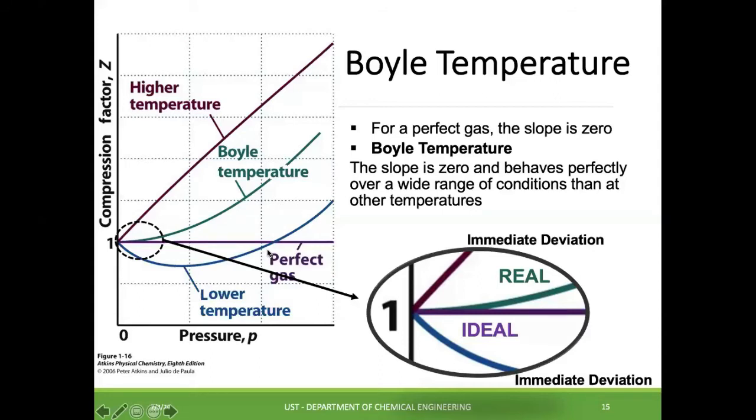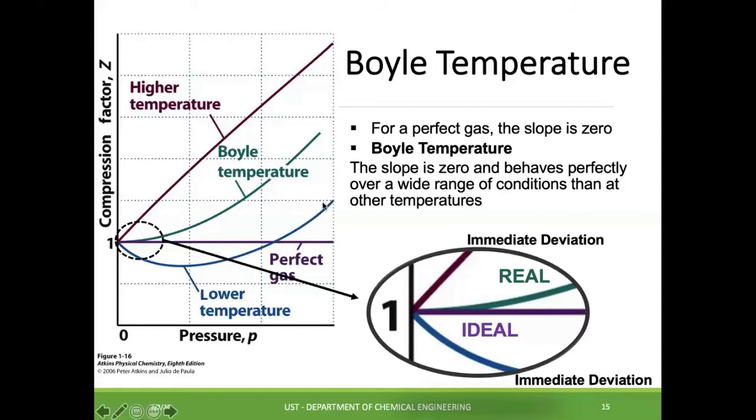At a certain pressure, Z reaches a minimum value, after which its value increases with increasing P. This is happening at this point. Now, comparing with above Boyle temperature, Z is always greater than 1 as pressure increases. Unlike lower temperature, lower than Boyle, it is decreasing and then it reaches a minimum point and then Z increases as P increases.